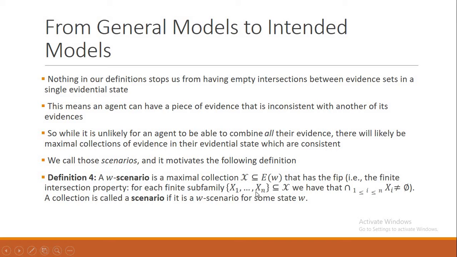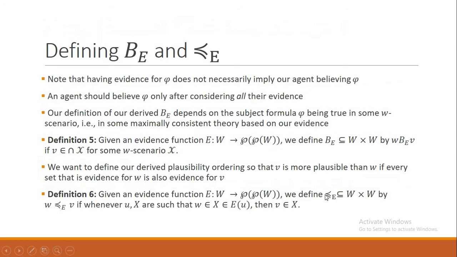So for each finite subfamily of X, X1 to Xn, where each of these is just an evidence set, it's just a set of worlds, we have that the intersection of all these sets will be non-empty. So this is just formally stating what we've already mentioned, that we will have different pieces of evidence in our evidential state that are consistent, and this is just a definition for such a maximal collection of evidences. And the collection is called a scenario if it is a W scenario for some world W.